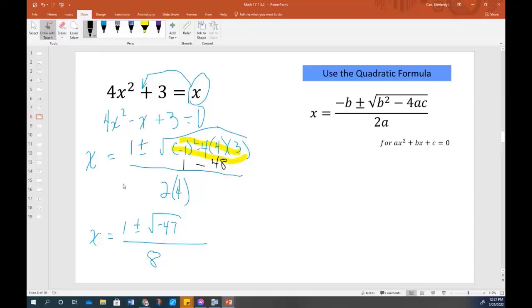And of course, since there's a negative under the square root, we'll take the i out. And again, I'm going to go ahead and just write this separately. This is two different fractions this time, 1/8 plus or minus the square root of 47 over 8. And then behind that entire thing, I can put my i. And again, you've got to make sure it is not underneath that square root. It was fine to put it in front. You just got to make sure it's not underneath the square root.